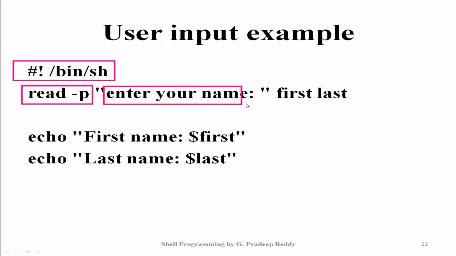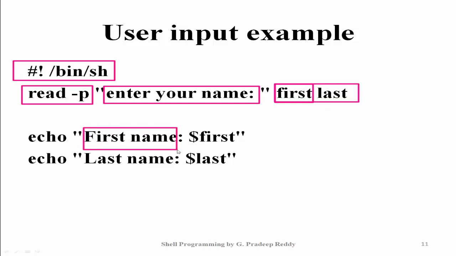Here you type enter your name. Here you have specified two parameters, first and last, so first is one variable and last is another variable. Now you specify echo first name, so that the user will enter the first name on the screen.